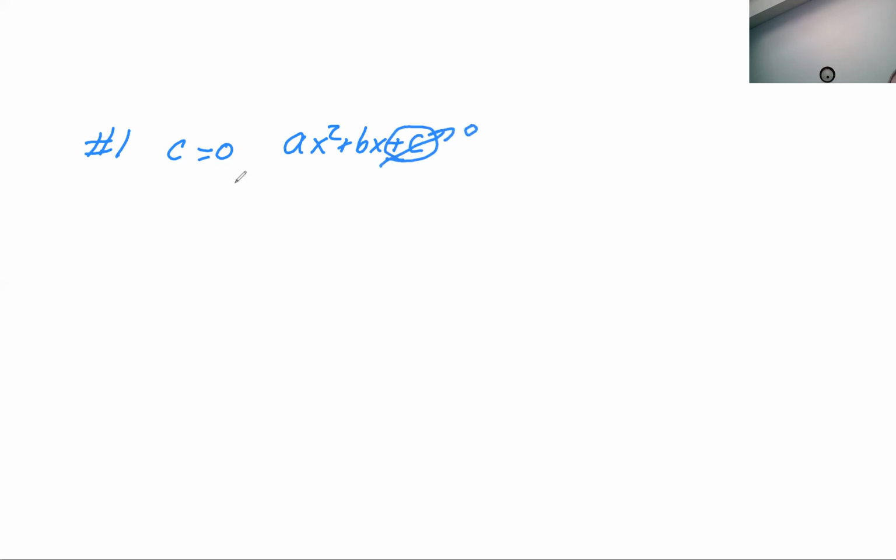So an example of an equation that looks like that would be y equals x squared plus, say, 6x. Now if you want to solve for the roots or the x-intercepts of this equation, you set y equals 0. And so the equation would be x squared plus 6x equals 0.